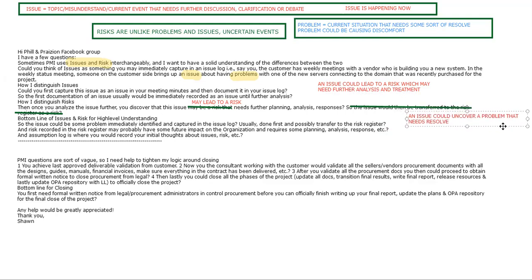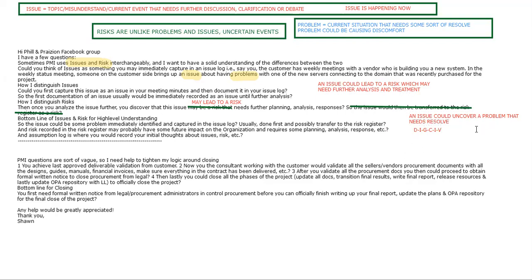You use the DIG SIEVE approach, or you use the IDEAS C approach. So you use define the problem, identify the root cause, generate alternatives, choose the best alternative, implement the solution, and verify solution effectiveness.